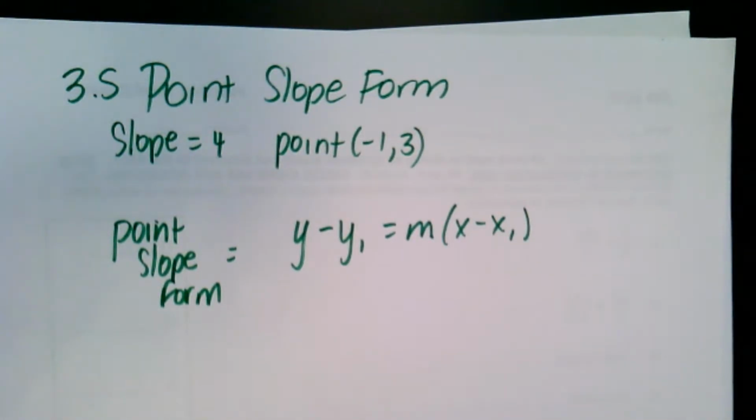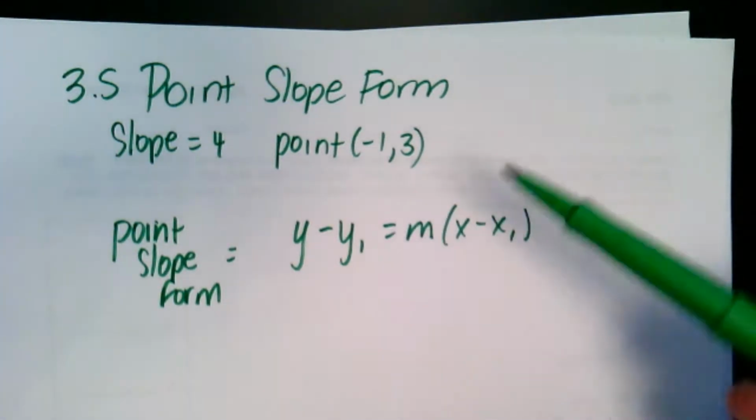We use this when they give us a point and give us a slope. To be able to make an equation of the line, you have to know those two things, always. If they don't straightforwardly give them to you, they give you enough information that you can find them. So first we're going to start with our point slope form, and we're going to use what they give us.